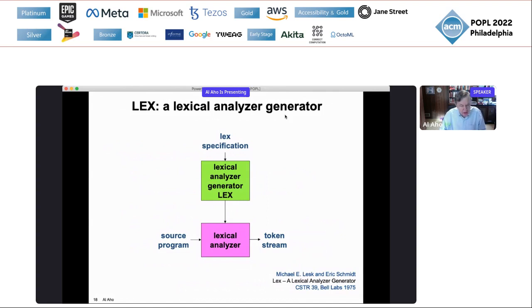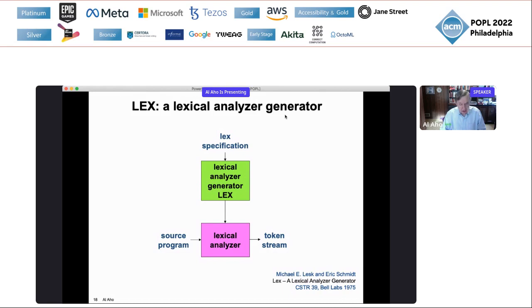Also in the 1970s, Michael Lesk and Eric Schmidt implemented a lexical analyzer generator called Lex at Bell Labs. It would take a specification of a lexical analyzer and automatically construct a lexer from it. Lex used regular expressions to specify the syntax of tokens, and Eric Schmidt, as a young intern at Bell Labs, put one of my fast regular expression pattern matching algorithms into Lex.